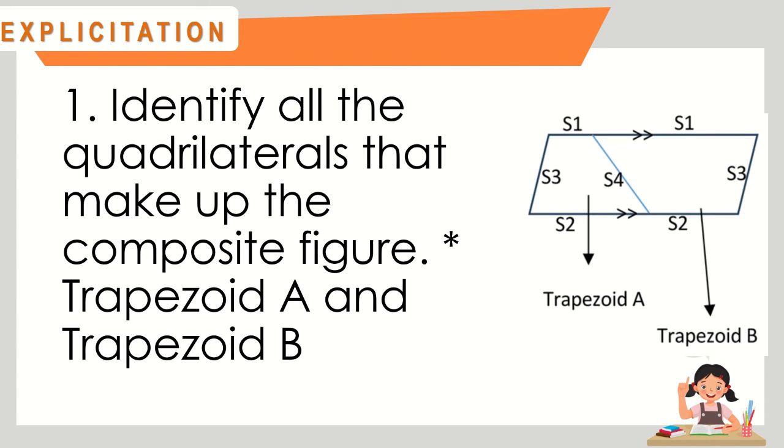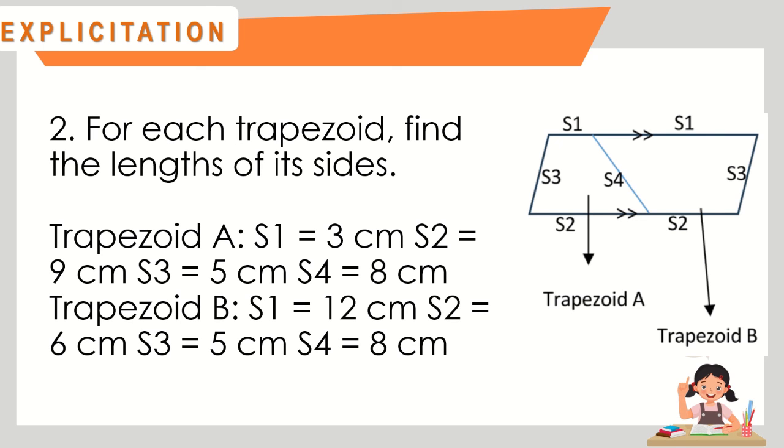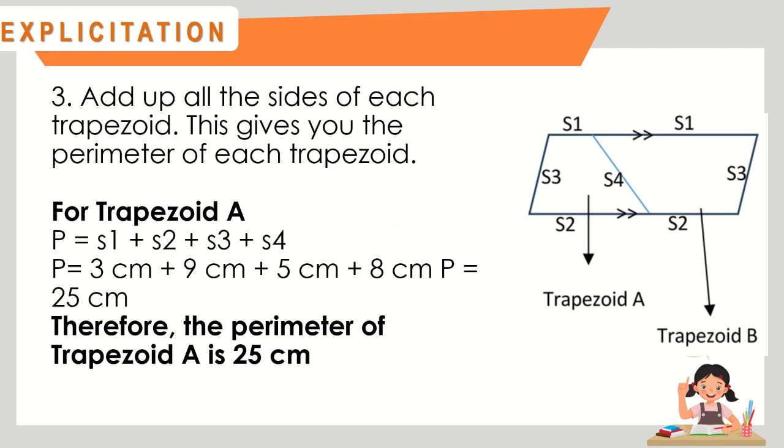Identify all the quadrilaterals that make up the composite figure, trapezoid A and trapezoid B. For each trapezoid, find the lengths of each side. Add up all the sides of each trapezoid. This gives you the perimeter of each trapezoid.